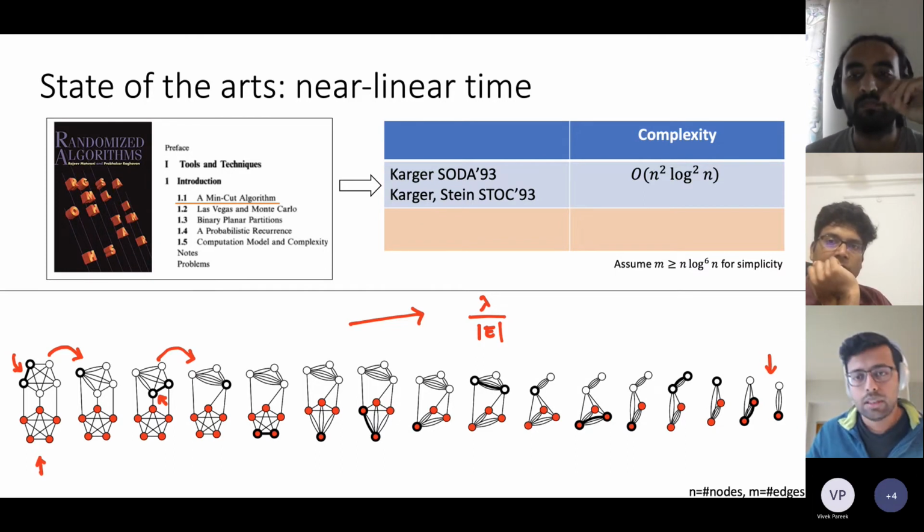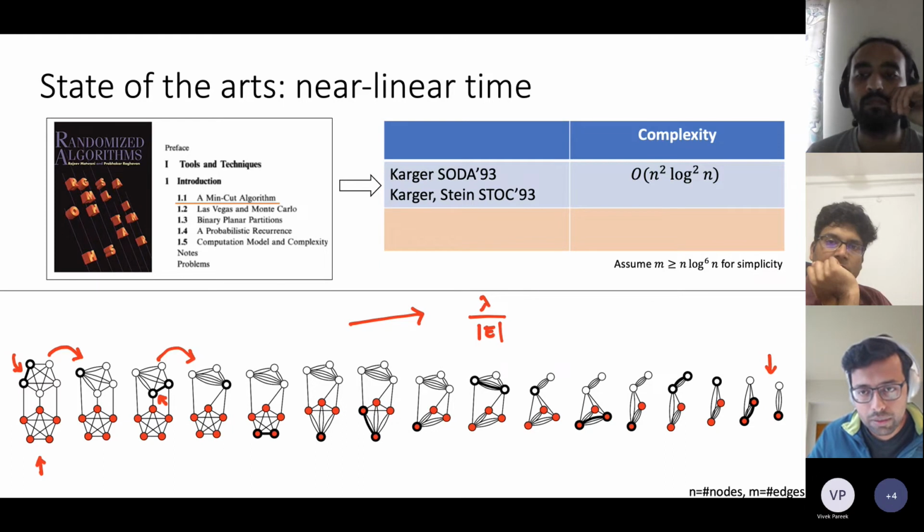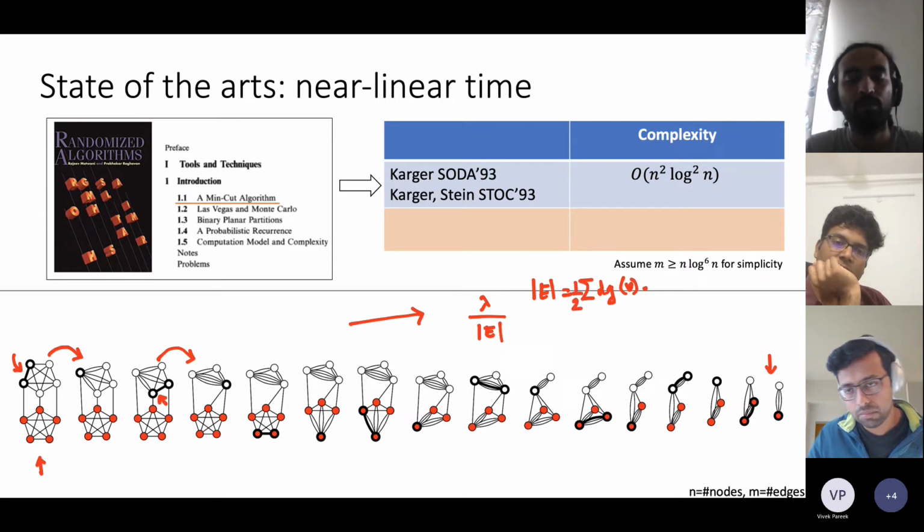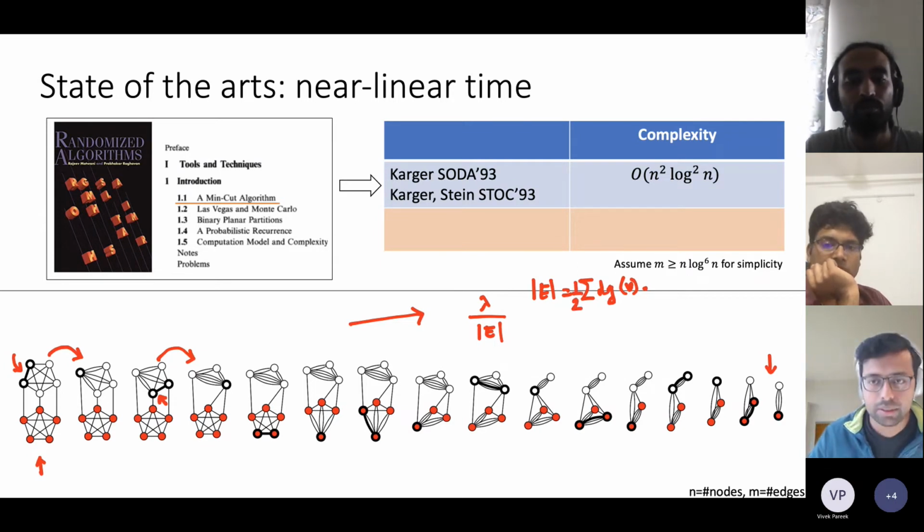So now, let's look at what E is. E is going to be the summation over the degree of every vertex times ½, right? This is because you're counting every edge twice.